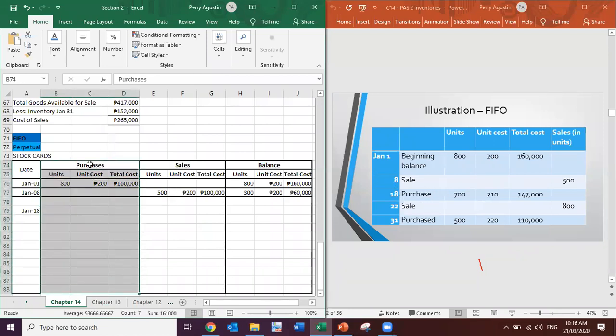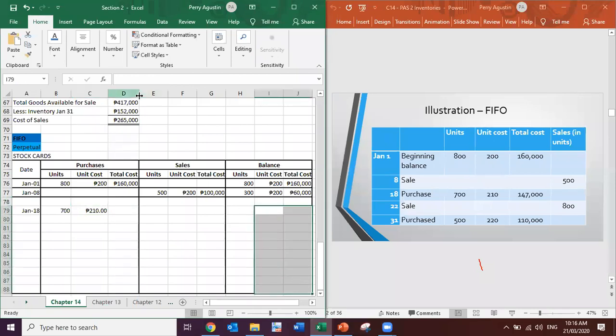We're going to put it under our purchases column, okay? So we're going to transfer. So we have 700, 210, and of course, I'm just going to copy the format here. All right. So we just simply multiply the two, 700 times 210.